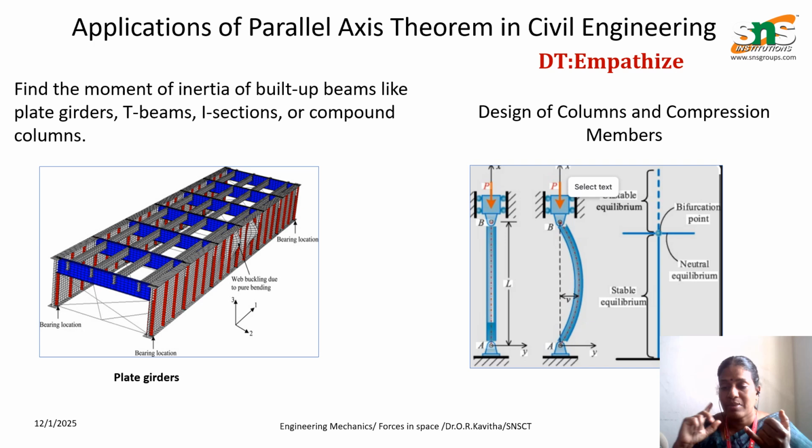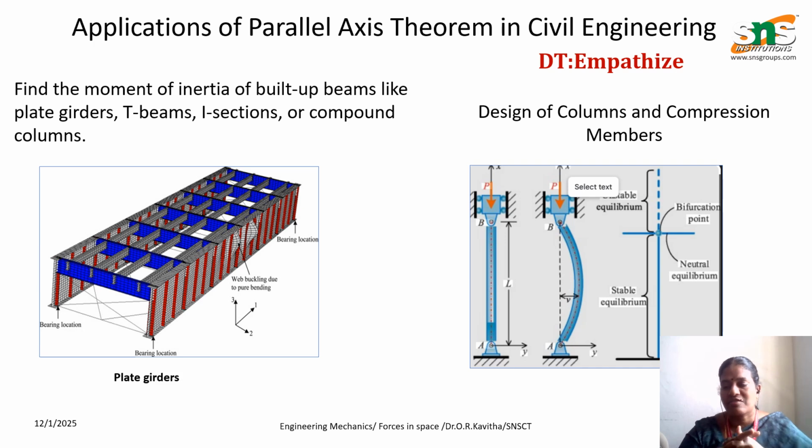For example, the unit weight of the section, and the moment of inertia about the x axis, y axis and z axis, and the radius of gyration, everything they have given. If you do the analysis manually, you can choose the moment of inertia from that steel table and analyze the structure.